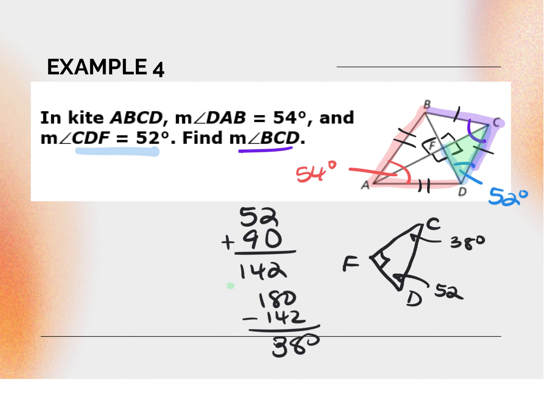So this side of it is 38. Notice I've got exactly the same angle on the other side. So this side is also 38. So 38 plus 38, and the measure of BCD is going to be 76 degrees.